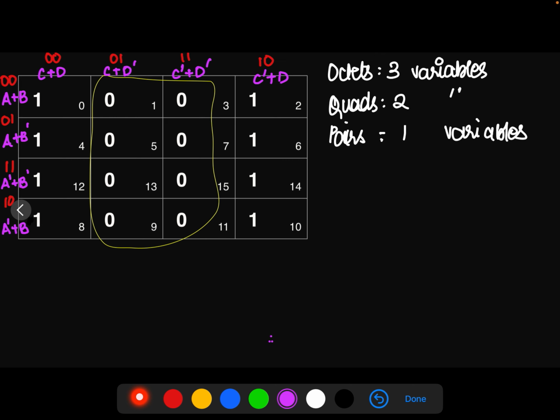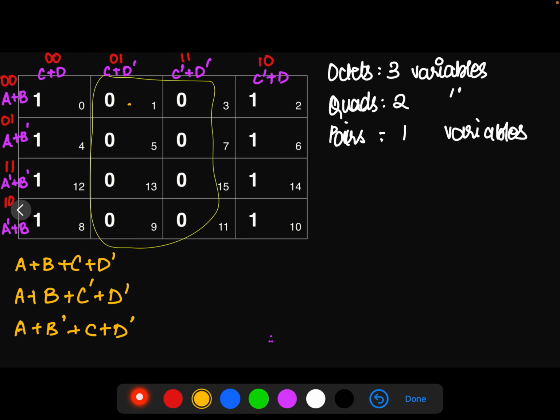We're going to express each of these cells in Boolean expression form. So cell 1 is going to be A plus B plus C plus D dash. Cell 3 is going to be A plus B plus C dash plus D dash. Now do that for 5: A plus B dash plus C plus D dash.